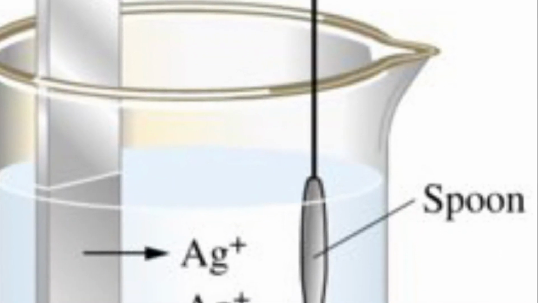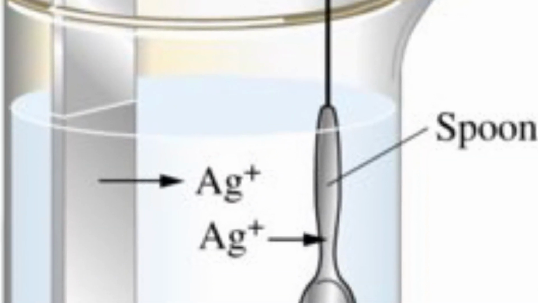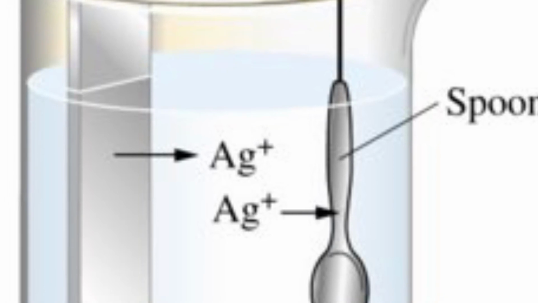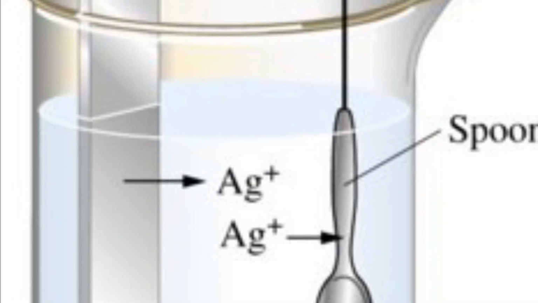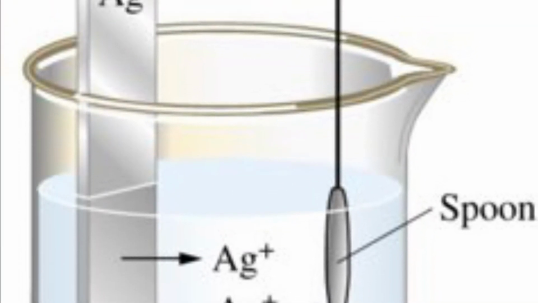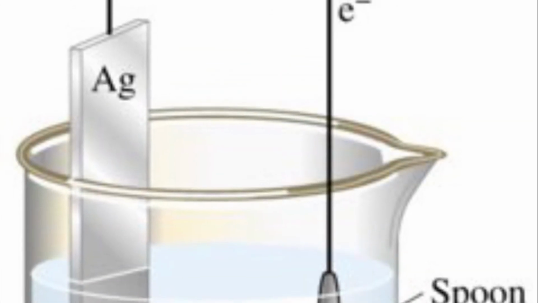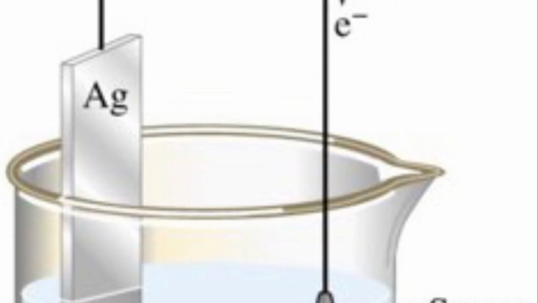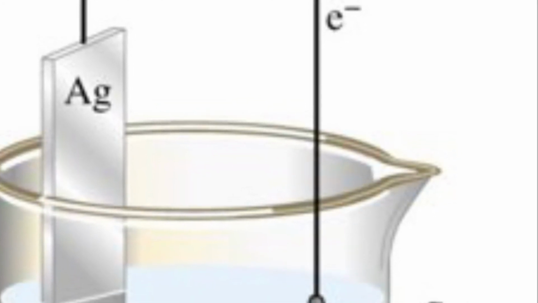A soluble salt of the same metal as the anode is used as the electrolyte. When current is passed, a thin layer of uniform thickness of the metal is deposited on the article and hence it gets electroplated. Using this technique, usually silver is electroplated with gold, brass with nickel, and iron with zinc.